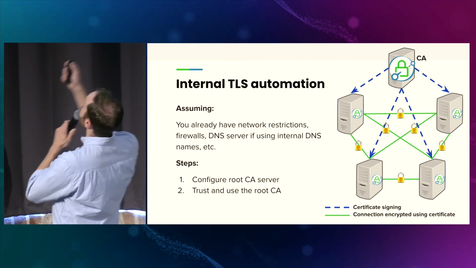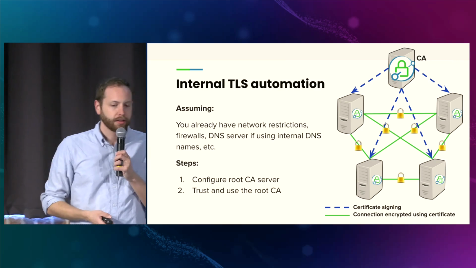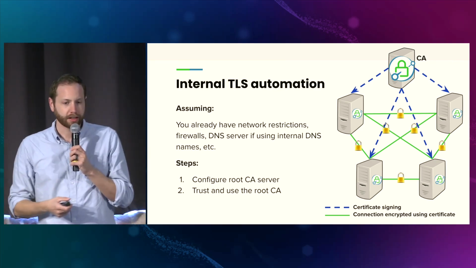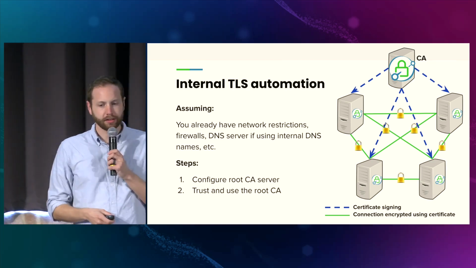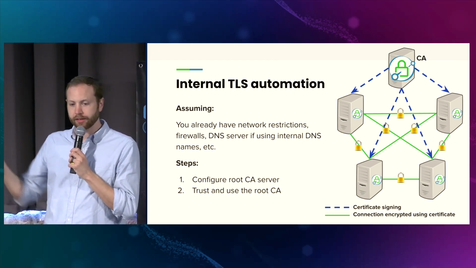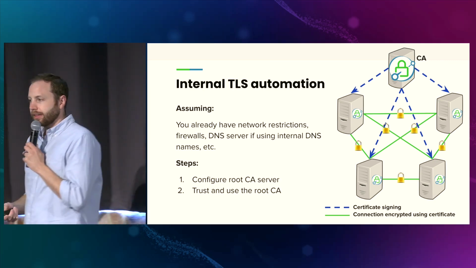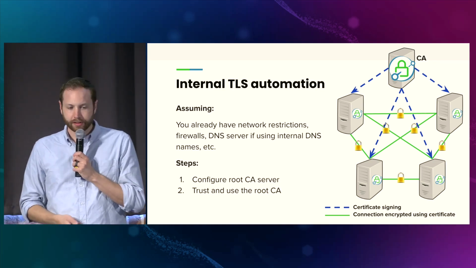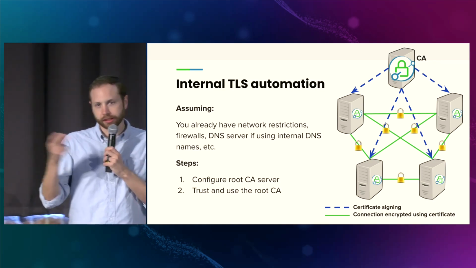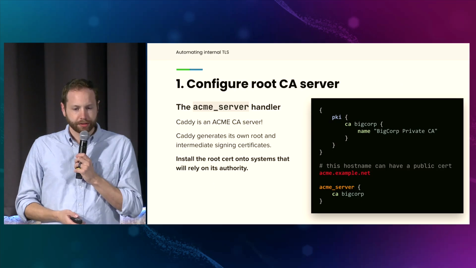This top server here is a root certificate authority that you set up to sign certificates for all of your machines. And then you install that root certificate on those machines, and then you can connect between those machines just fine, just as if it was a publicly trusted certificate. So there's the two sides.